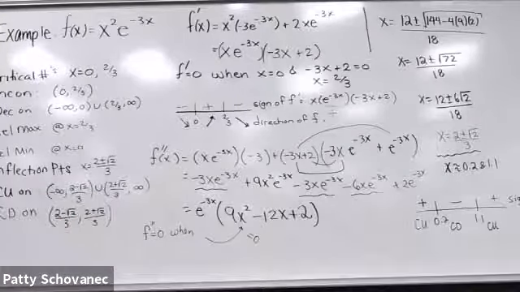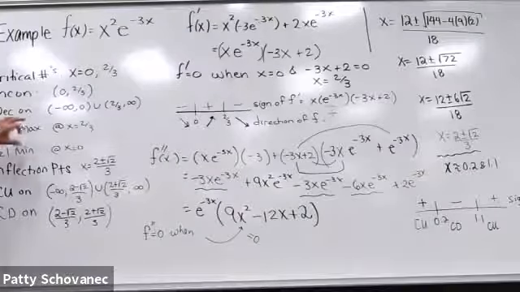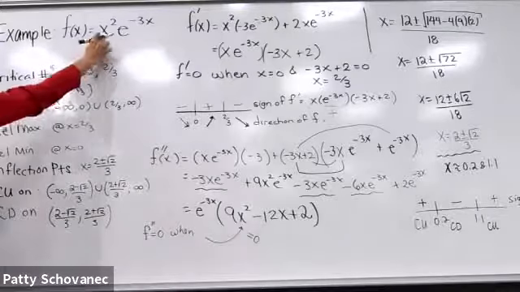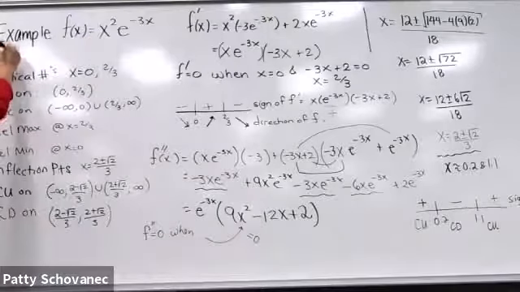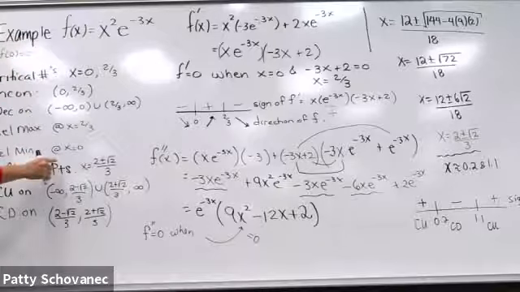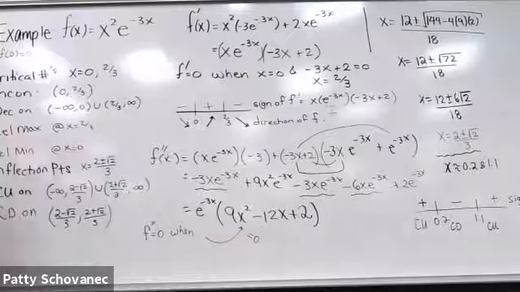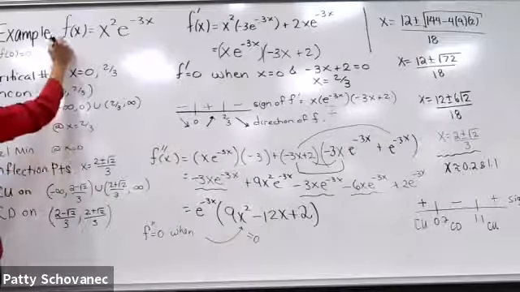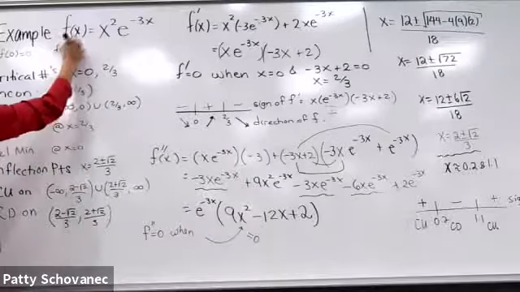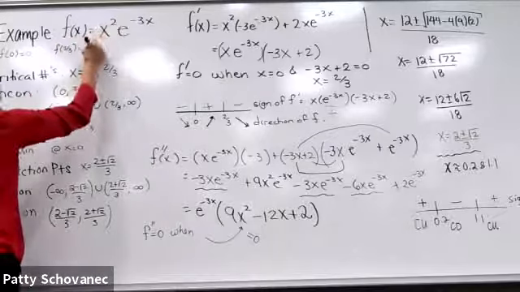So I'm not gonna plot those points. I don't care where they are, I'll take those. Let's plot these two back in here. f of 0 is gonna be 0. Okay, I'm just kidding. It'll be 0 times 1, so it'll be 0. And then f of 2/3 will be 4/9.